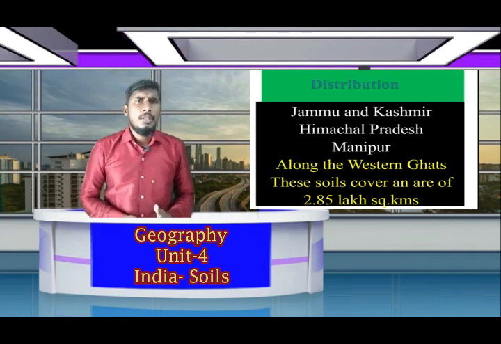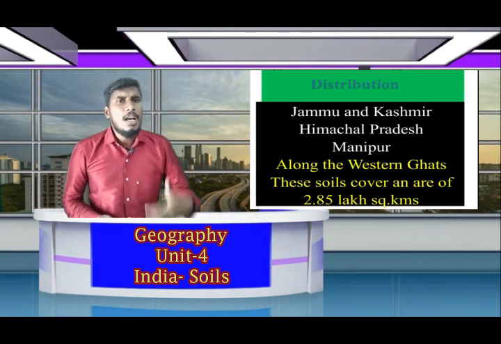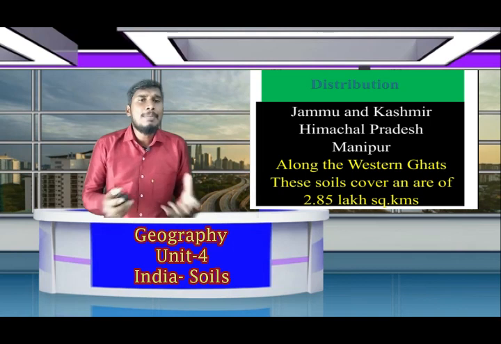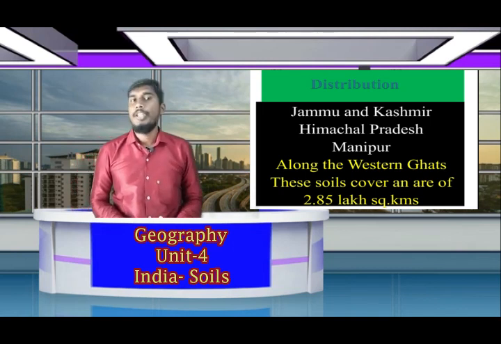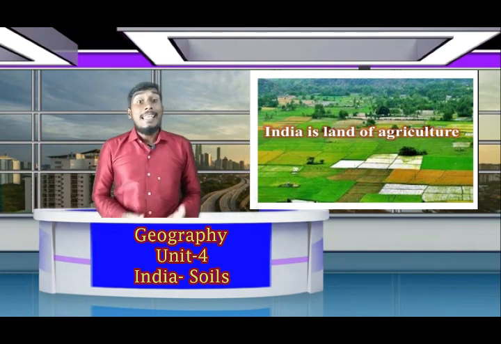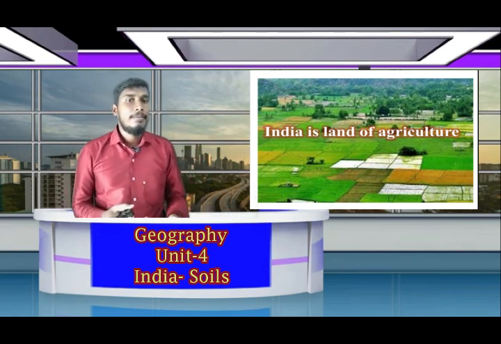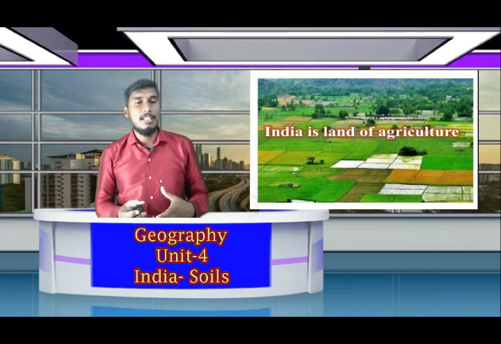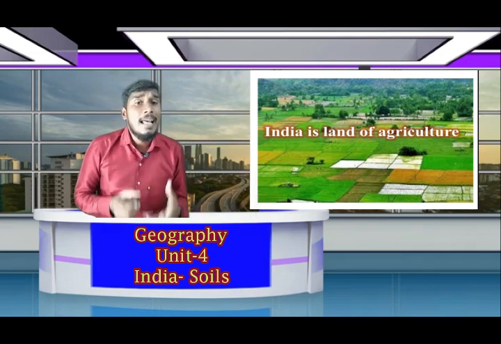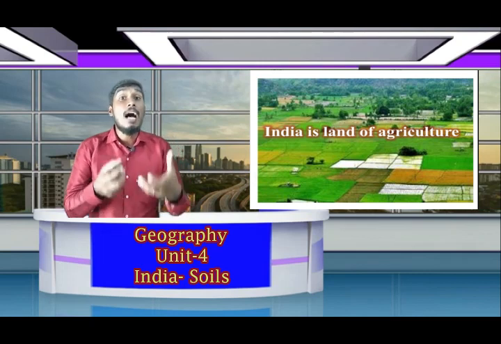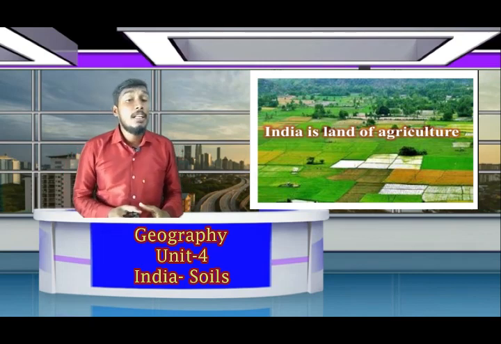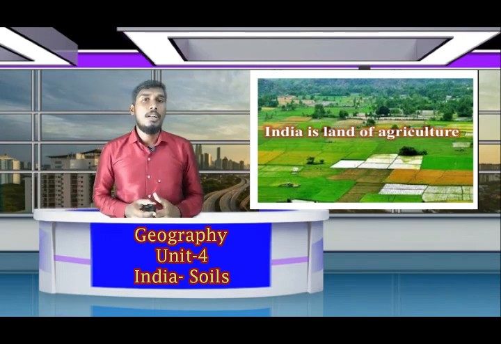And my dear children, the above said are the different types of soils which we can see in India. Now, India is a land of very good agriculture. As India is a land of agriculture, we have to preserve our land, particularly the soil.